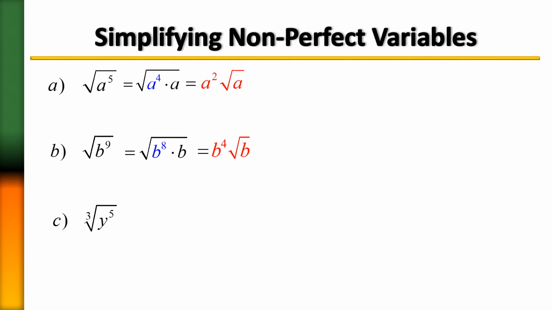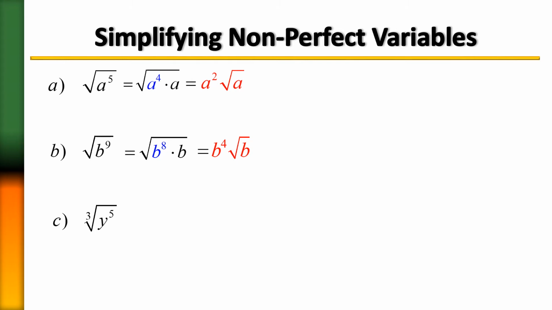Let's move on to the last example. So we have a cube root, and our exponent, y to the 5th power, is not divisible by the index of 3, so that is not a perfect cube root. However, we can make it a perfect cube root.